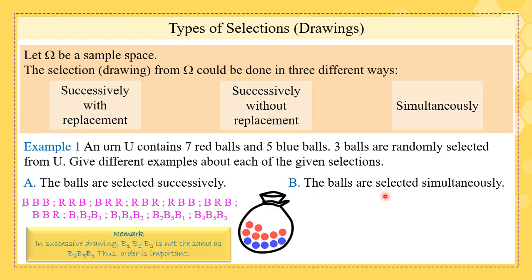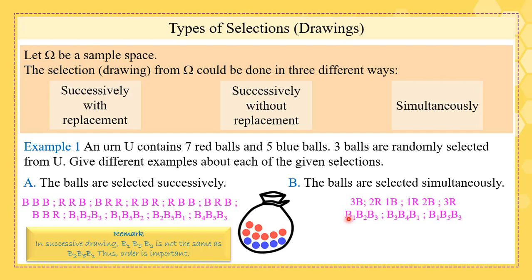Well, what happens if I want to choose the 3 balls simultaneously? Simultaneously means at the same time. So within one selection, I choose 3 balls at the same time. These balls could be 3 blue balls. They could be 2 red and 1 blue, 1 red and 2 blue, or 3 red. Well, let's take specifically 3 blue balls.